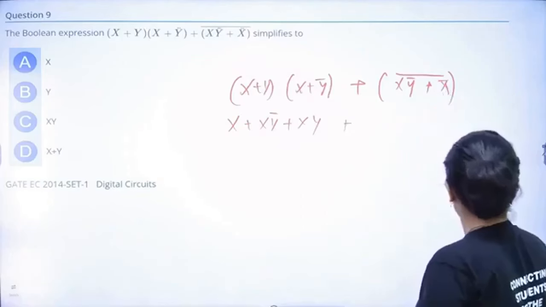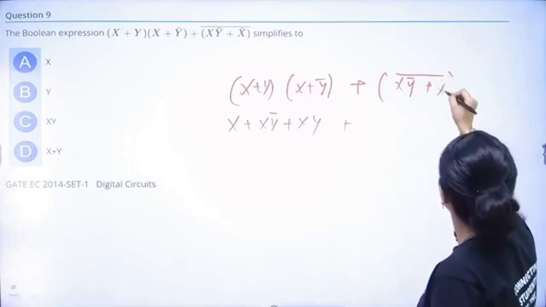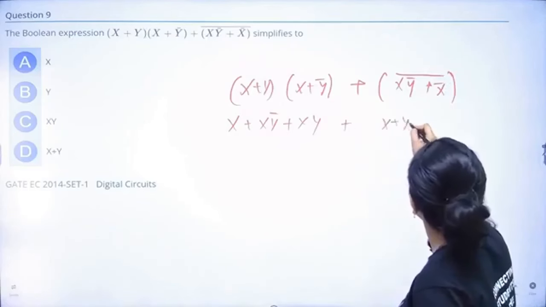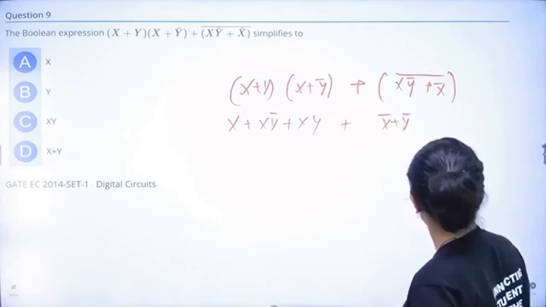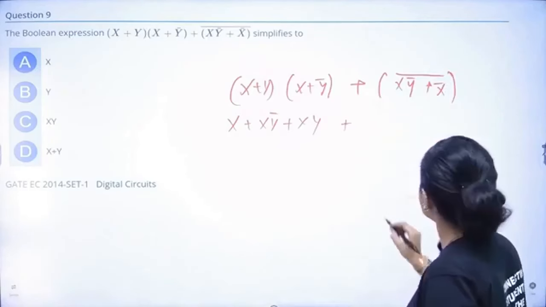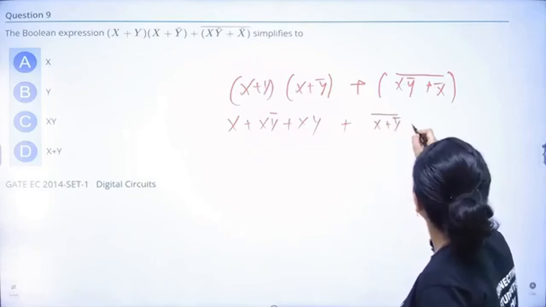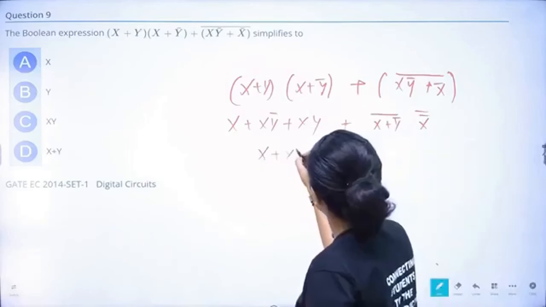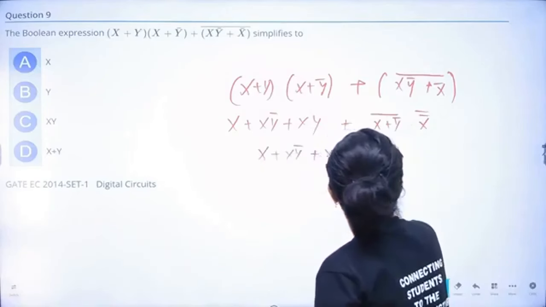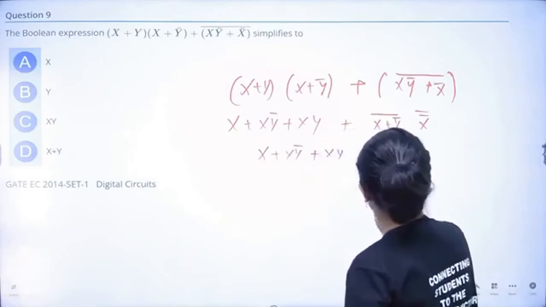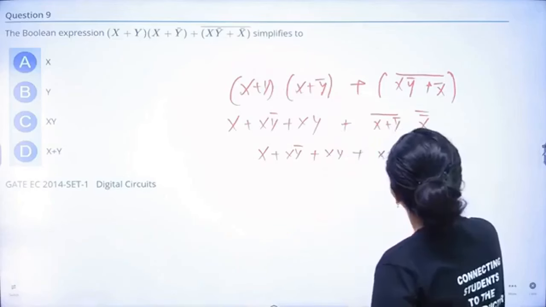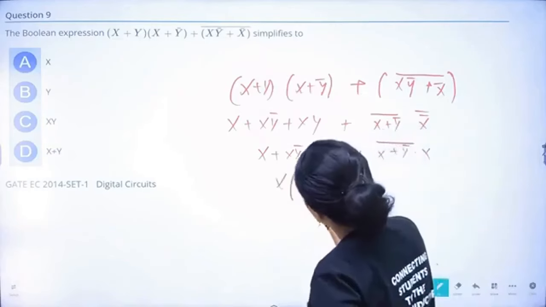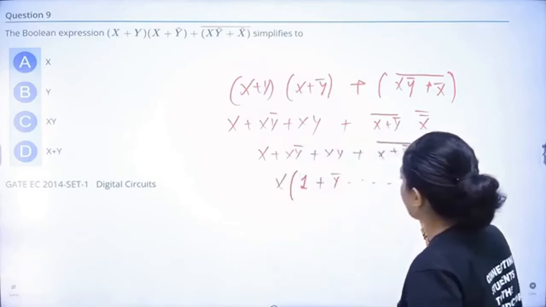Here, move this bar from the top. X common, that will be 1 plus Y bar and so on, remaining.